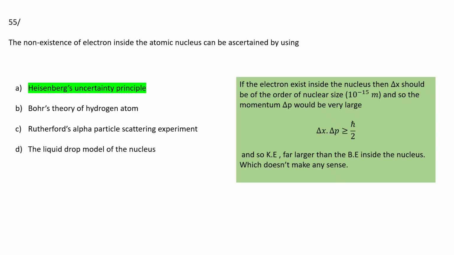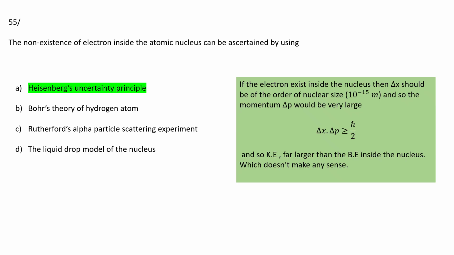Okay, so if the electron exists inside the nucleus, अगर कोई इलेक्ट्रॉन न्यूक्लियस के अंदर एग्जिस्ट कर रहा है, that means that particle should be of the size of the nuclear size. Okay, that is delta x should be equal to the nuclear size, and we know that the nuclear size is of the order of Fermi meter, that is 10 to the power minus 15 meter, and so the momentum here would be very large.